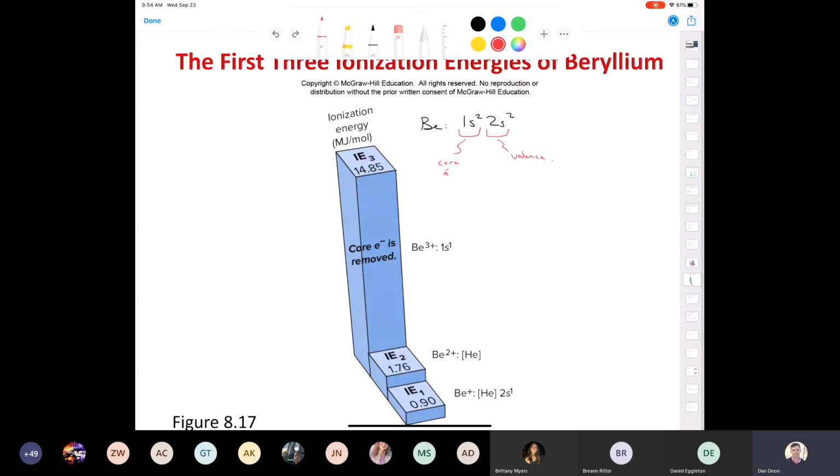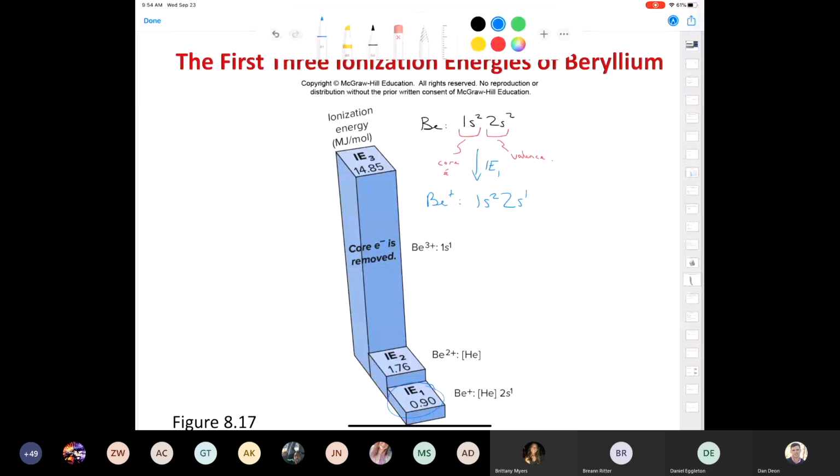If you rip an electron off of beryllium, so if you make a Be+ cation, you've got 1s2, 2s1. That's the first ionization energy, ionization energy 1, and it takes 0.9 megajoules per mole.